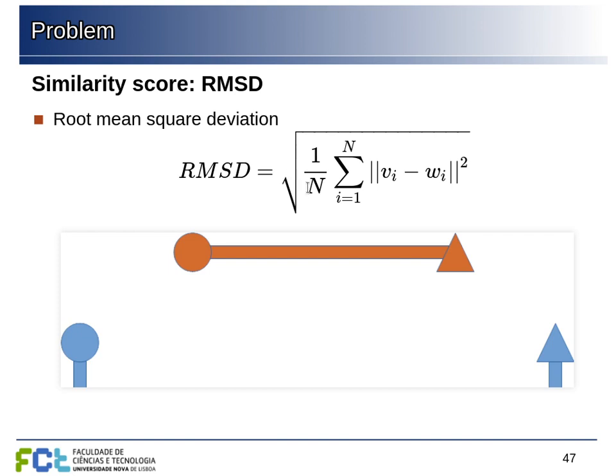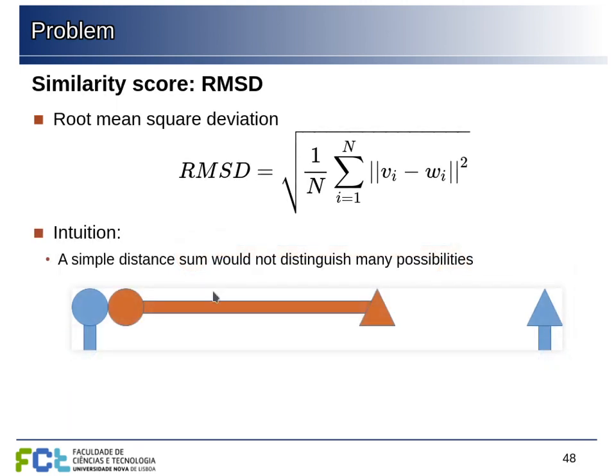So this is the square root of the average of the square differences, or the root mean square deviation. The reason for doing this intuitively is that if we were just adding the distances, suppose that we have this circle corresponds to this circle and this triangle to this triangle, and we want to measure the difference between these two structures, the orange and the blue.